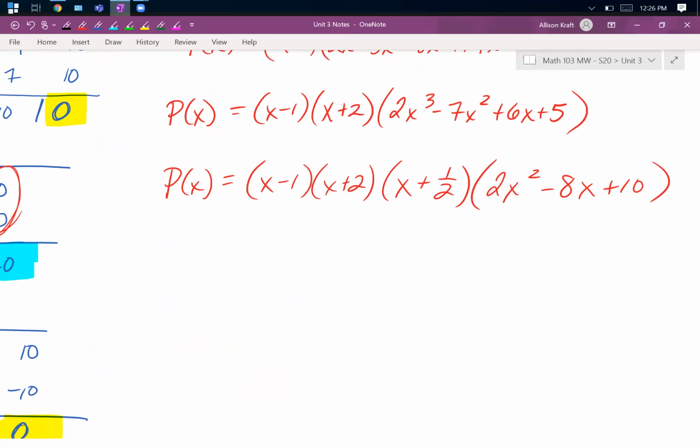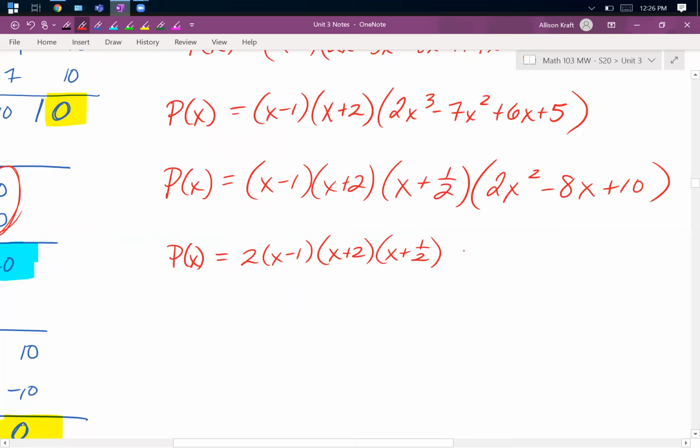Right away, I see that this quadratic has a GCF of 2, so I'm going to factor that out. Leaves us with x squared minus 4x plus 5. When I think of two numbers that multiply together to be a positive 5, but add together to be a negative 4, nothing works.